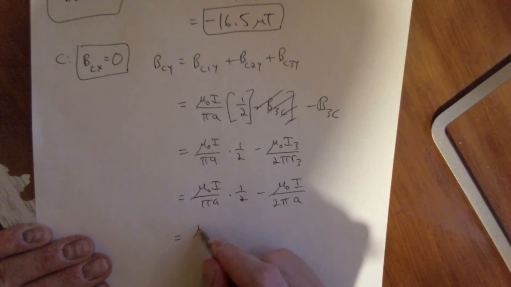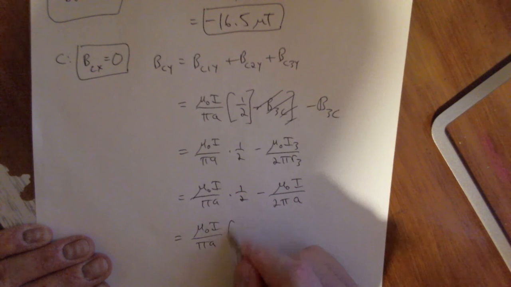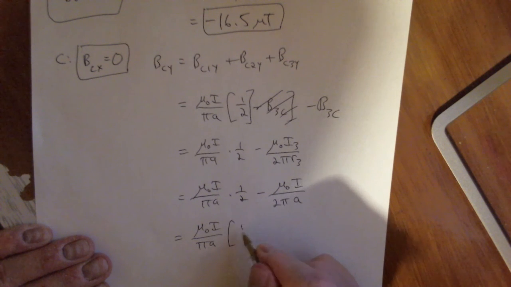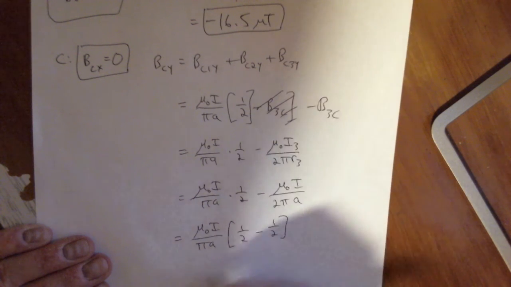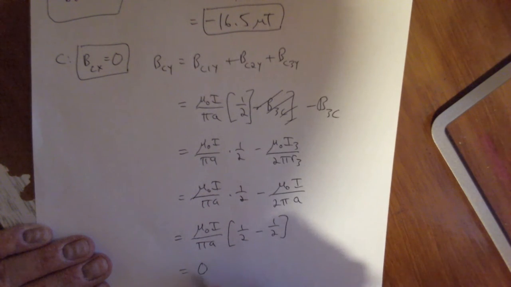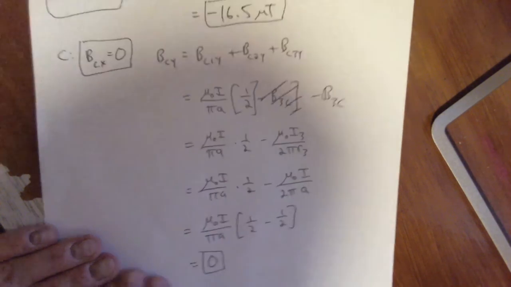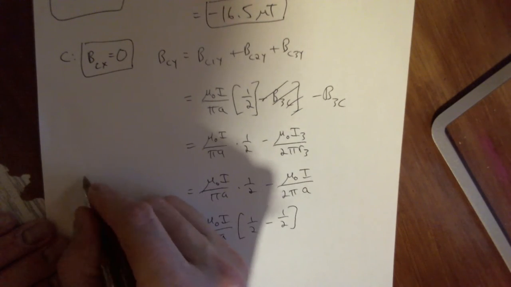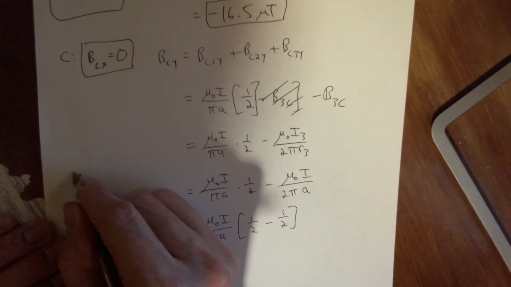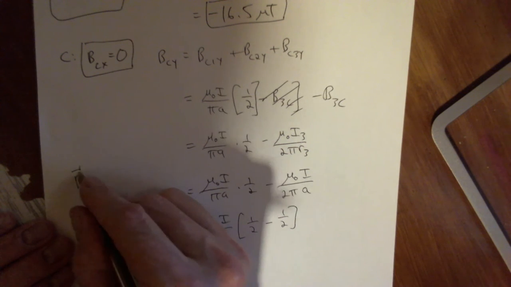And then I can bring out the mu sub naught I over pi A, and I get 1/2 minus 1/2, and I get 0. So the magnitude of B at C is 0.